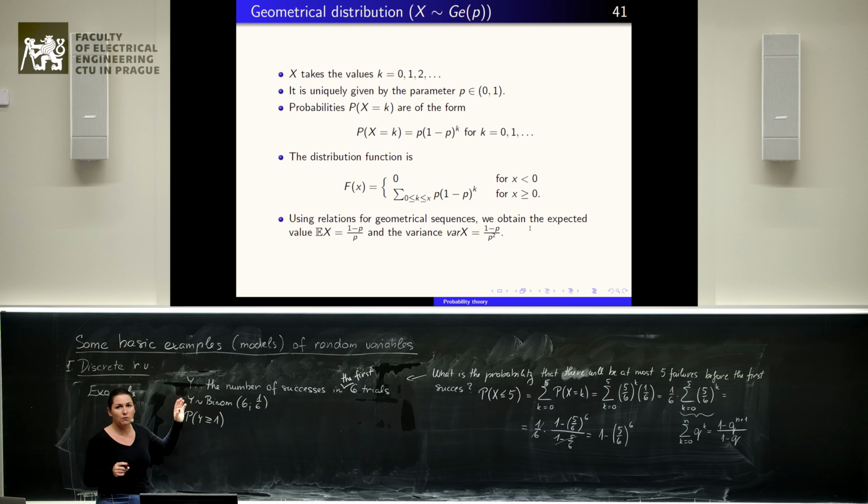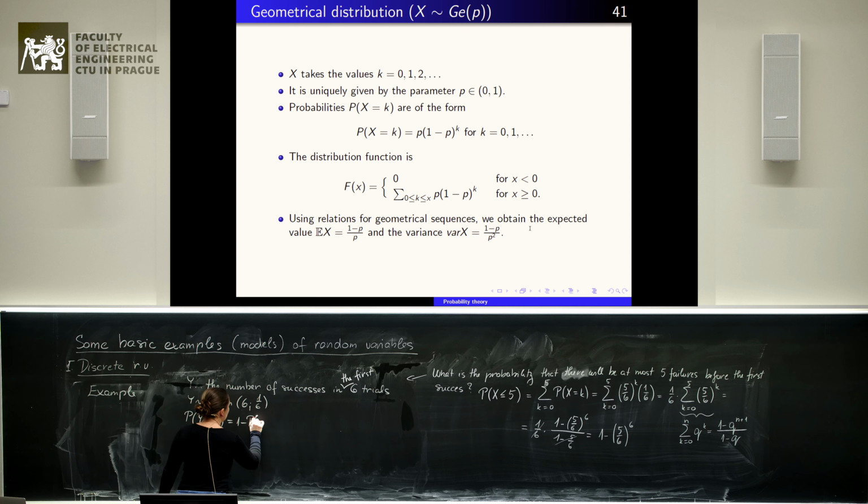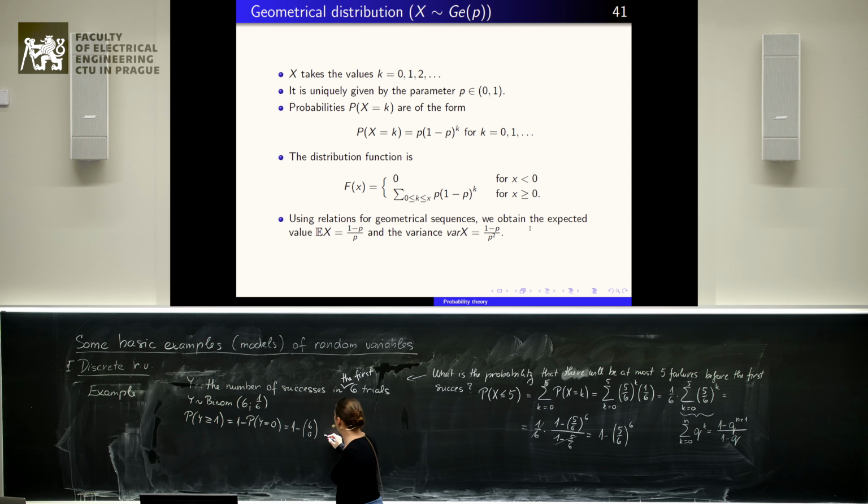We only know that in the first 6 trials, there must be at least one success. So it is 1 minus the probability that there is no success in the first 6 trials, which is 1 minus 6 choose 0, 1 over 6 to the power 0, 5 over 6 to the power 6.